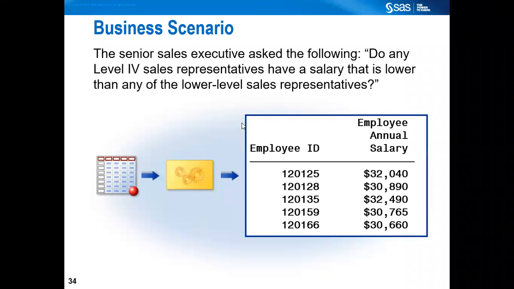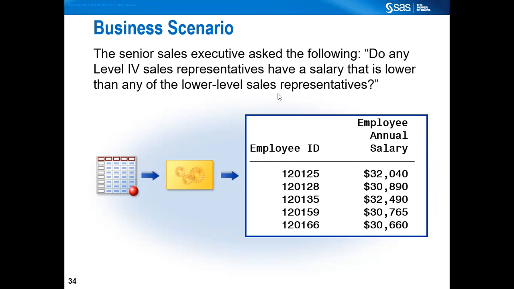Okay, now let's check this scenario. The senior sales executive asks the following: do any level 4 sales representatives have a salary that is lower than any of the lower level sales representatives?